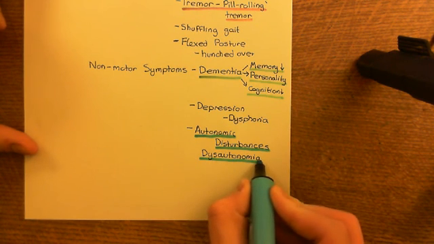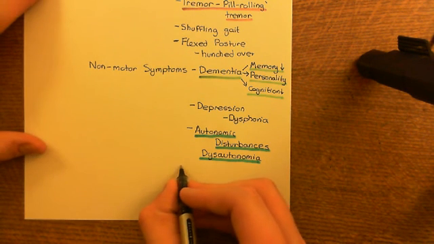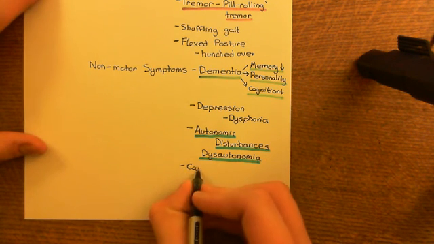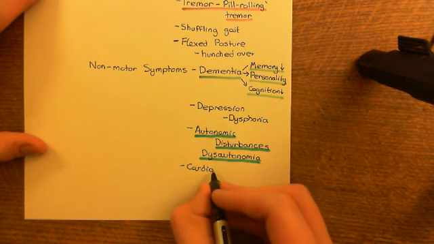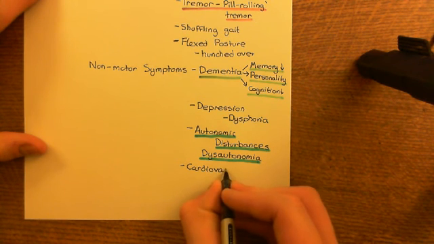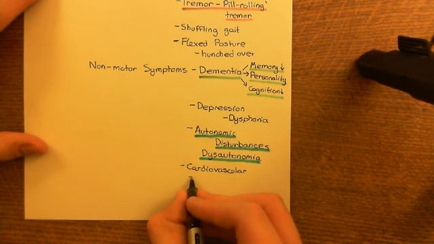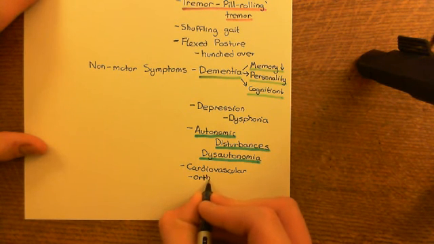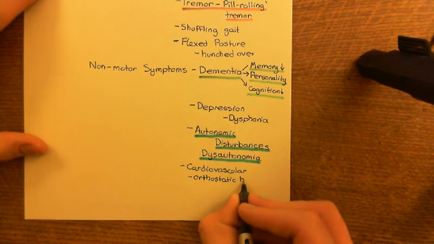Well, the autonomic nervous system controls a huge number of different things. For instance, it controls the cardiovascular system. So if you get problems with the autonomic nervous system that is controlling the cardiovascular system, one of the things that can commonly end up happening is you get orthostatic hypertension. So this is one of the things that can result due to Parkinson's disease.